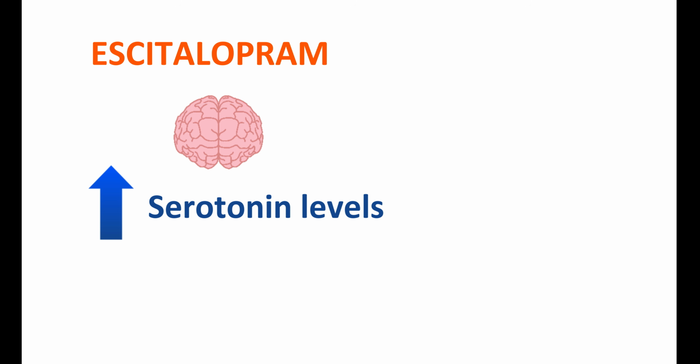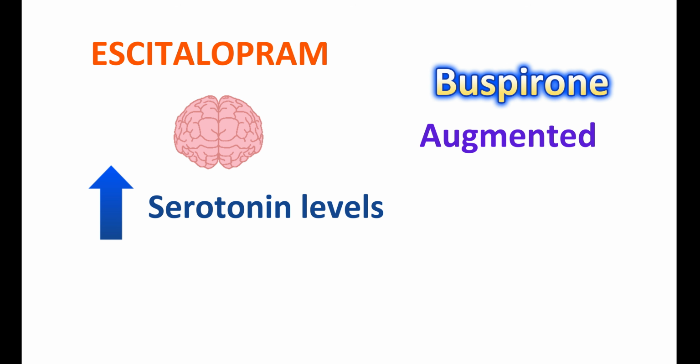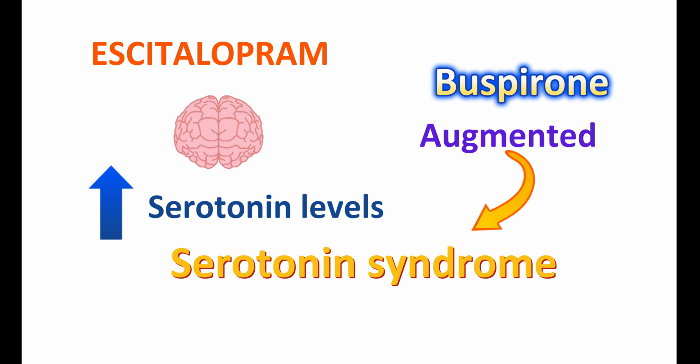However, when it is combined with Buspirone, the increase in serotonin levels may be augmented, resulting in excessive elevation of serotonin levels. This may result in the development of a condition, serotonin syndrome.